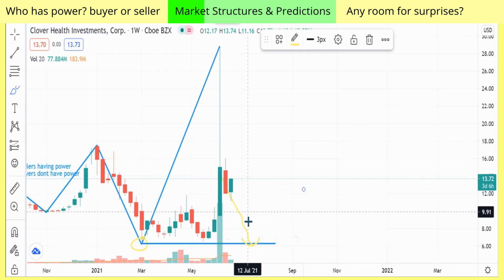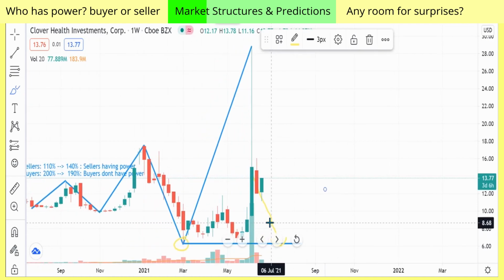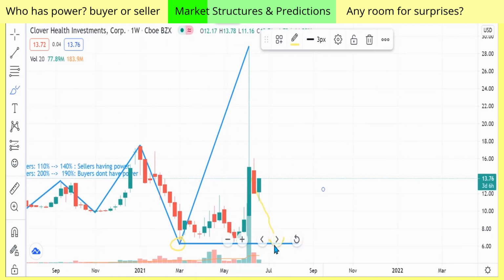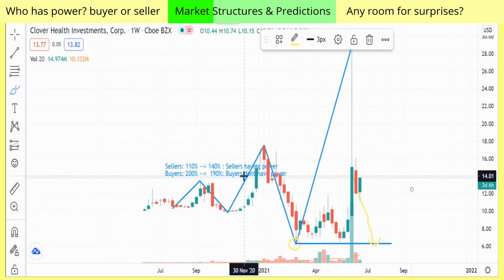It's going to move all the way to a price level of almost $6.20 something, which is the previous low. It's going to move all the way to that low or even beyond that. That's possible as well. But before we go to that extent of projecting, I'm going to analyze the market structures available in this particular stock, so that we can know potential reversals.